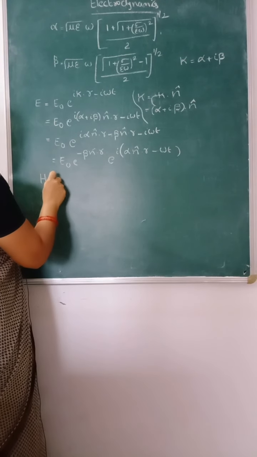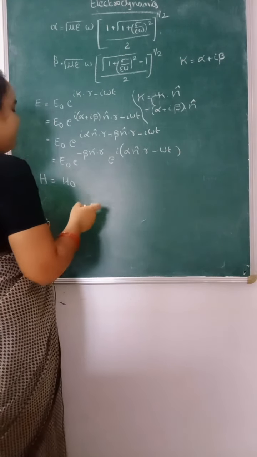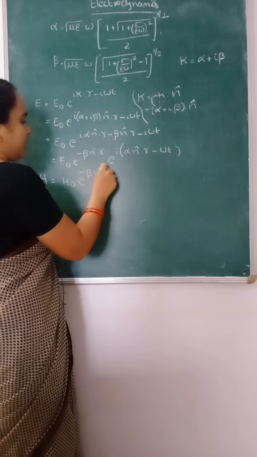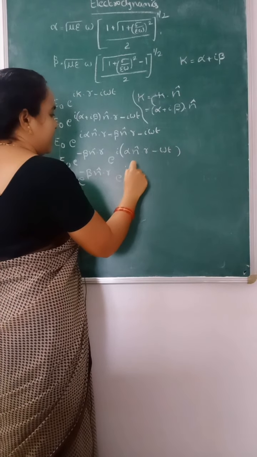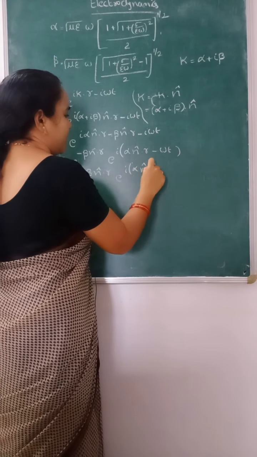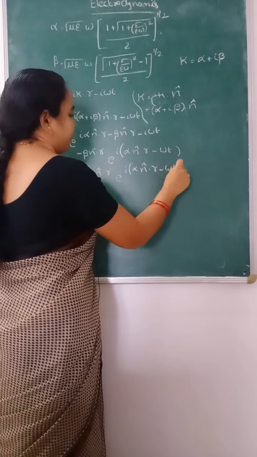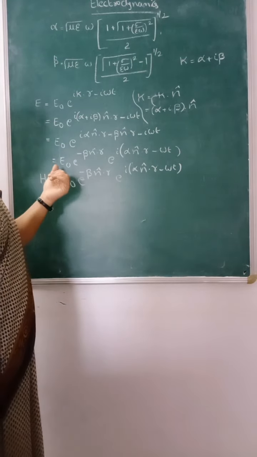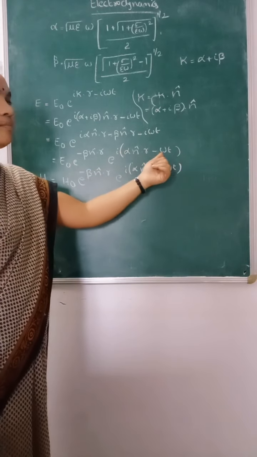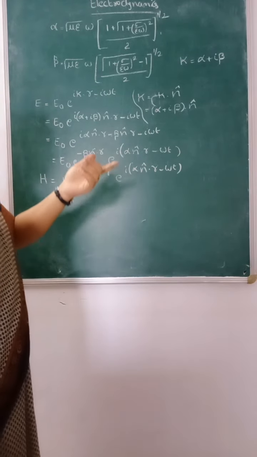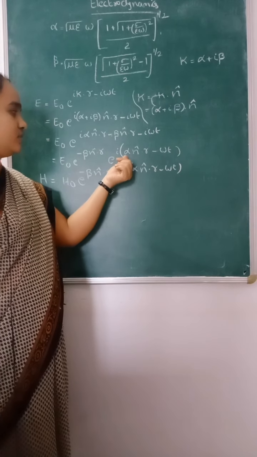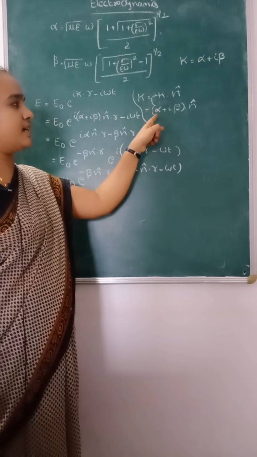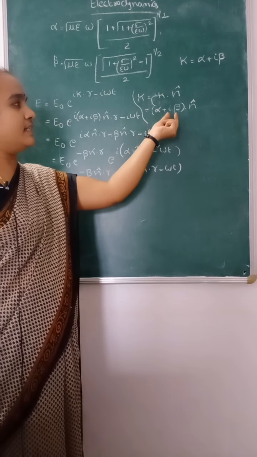Similarly the magnetic field vector will be the same, that is E naught e power minus beta n cap dot r, e power i alpha n cap dot r minus omega t. In the previous classes we wrote that E is equal to E naught e power i k dot r minus omega t, where k is a real quantity. Now k is equal to alpha plus i beta, alpha is the real part and this is the imaginary part.